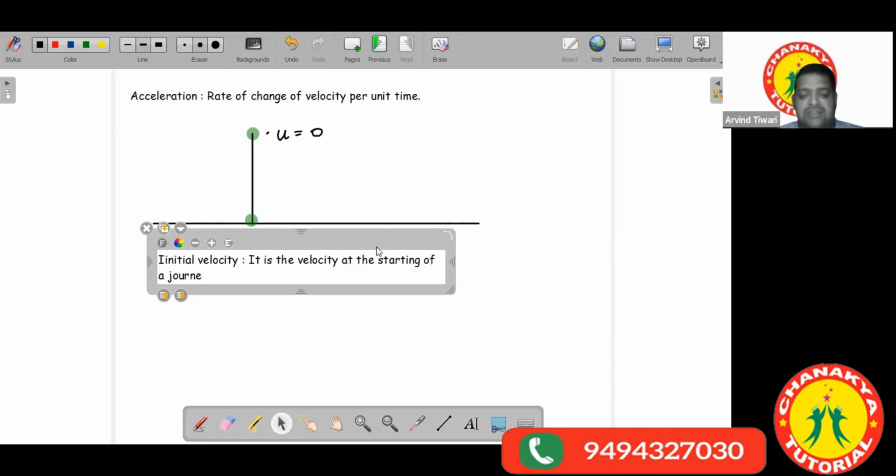So when a journey starts, whatever velocity is possessed by the object, we call that velocity the initial velocity, and it's represented by the symbol u.